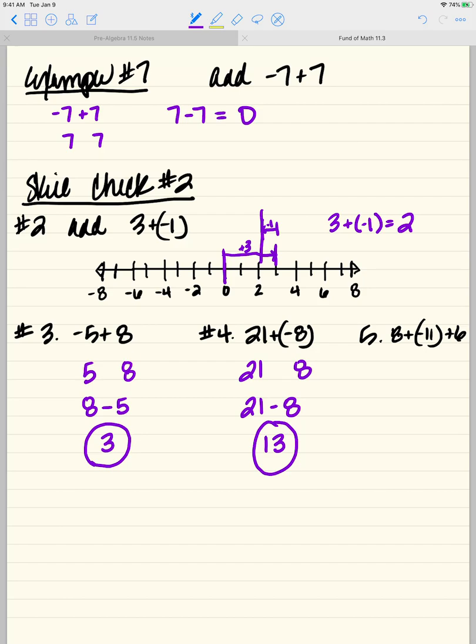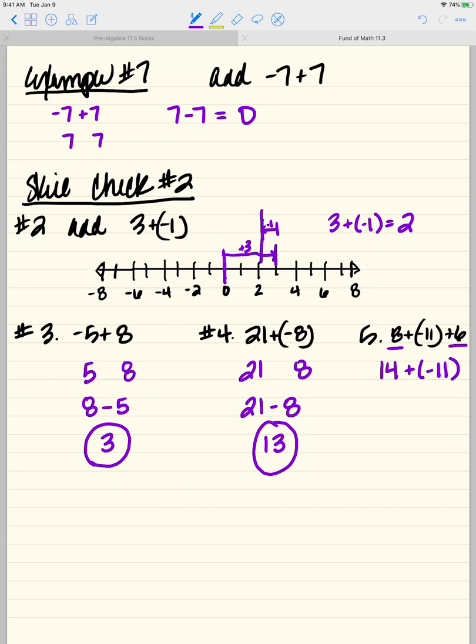Number 5 is 8 plus negative 11 plus 6. What you want to do in a problem like this is add your like signs first. 8 and 6 are both positive. So 8 plus 6 is 14 plus negative 11.